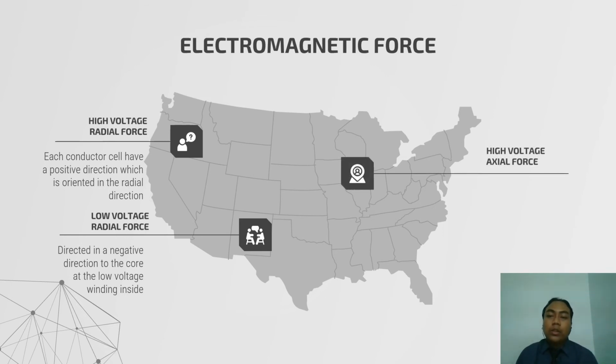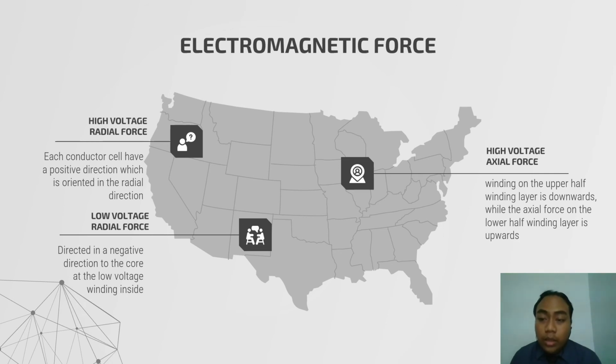Thirdly, for the high voltage axial force, we know that each conductor has an influence on each other. Therefore, when the winding on the upper half has an axial force, the winding layer will be in the downward direction, and when the lower half winding has an axial force, the winding will be in the upward direction.